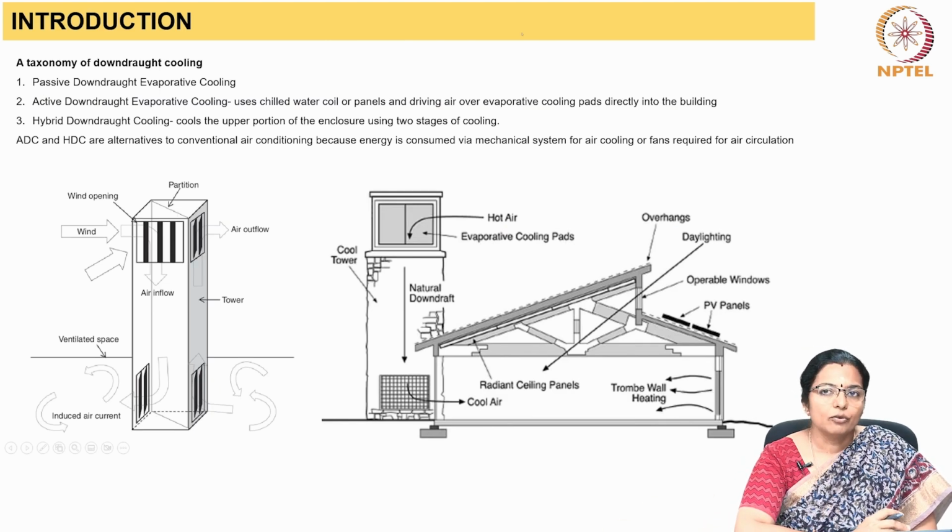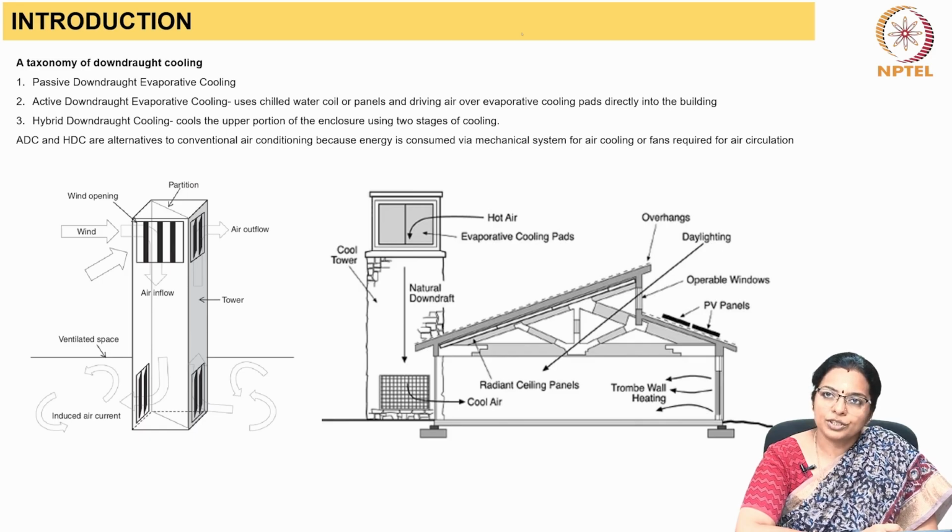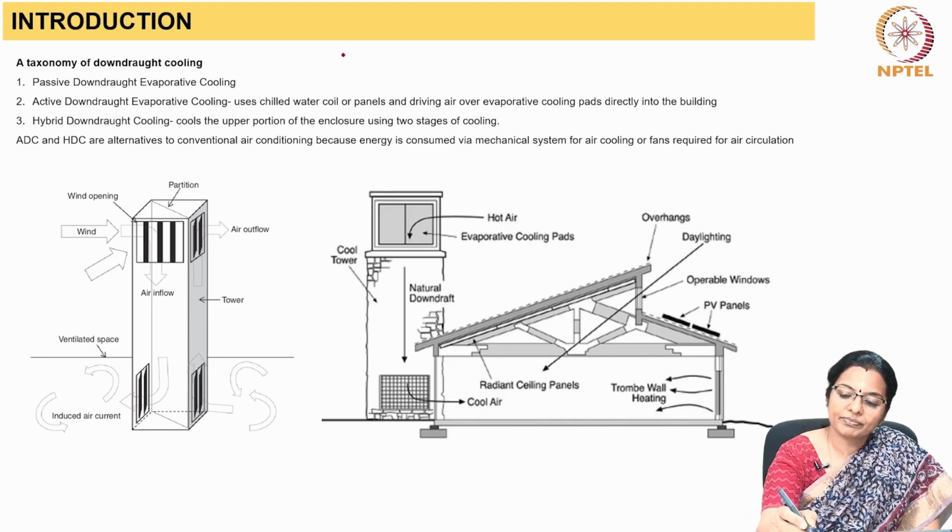So if you look at the taxonomy of downdraft cooling, we have the passive downdraft evaporative cooling, active downdraft evaporative cooling, which uses chilled water coils or panels, like how we had seen in the previous slide.